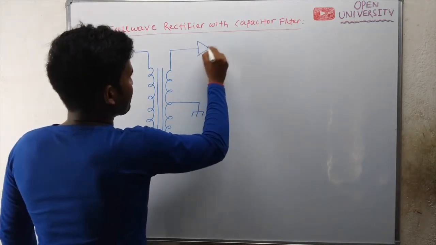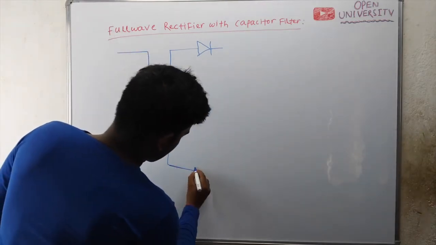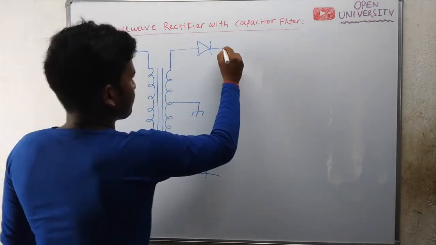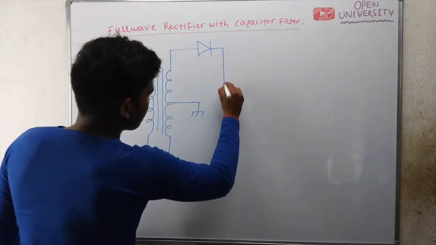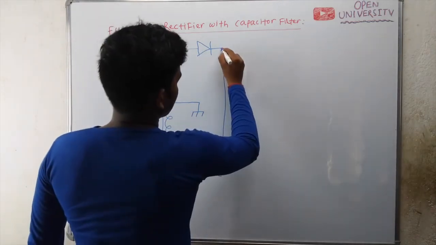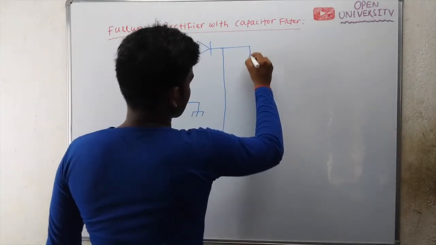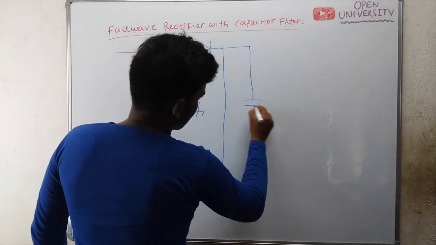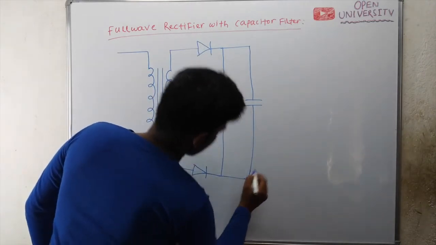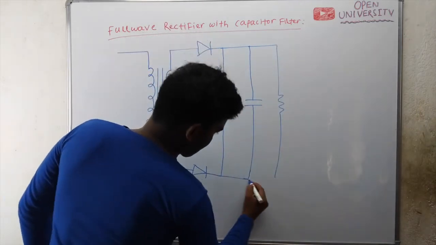This is your diode D1. This is your diode D2. I am using a capacitor filter, which is in parallel to RL.